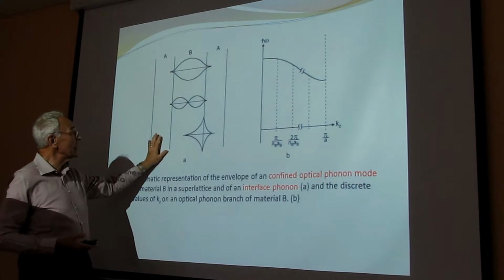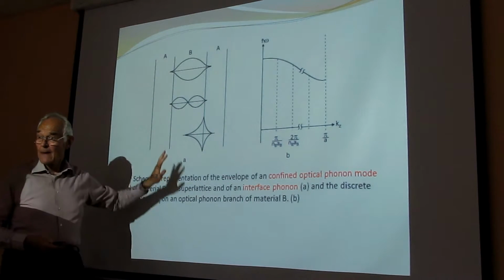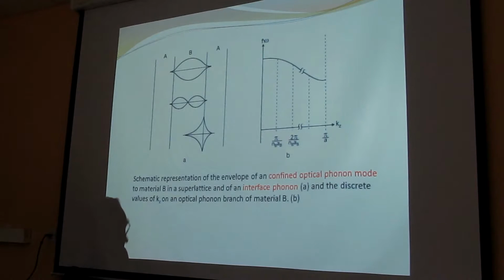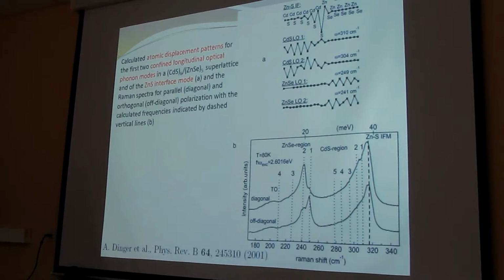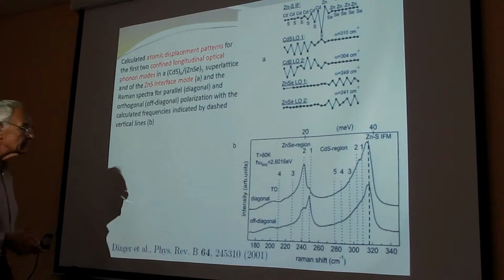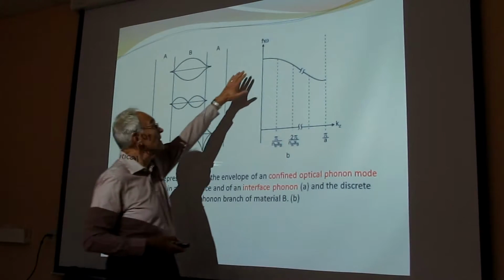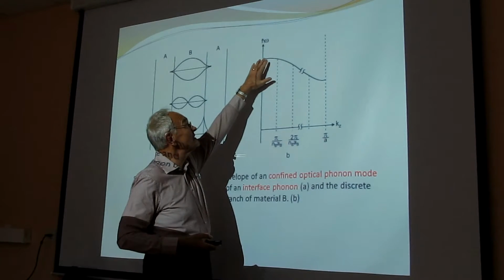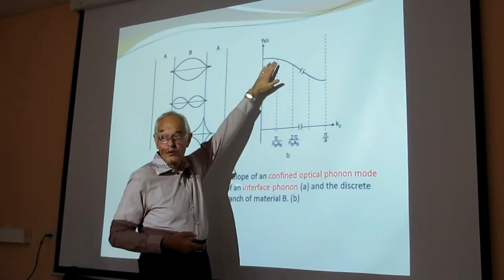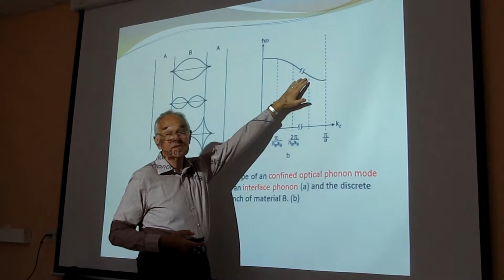And the same could happen in material A2. And where is the bulk phonon here? Bulk phonon. Close to 1 probably, or slightly above. For bulk zinc selenide, the bulk would be here, this one, for k equals 0, and this is the first quantized mode, and the second quantized mode, and so on.